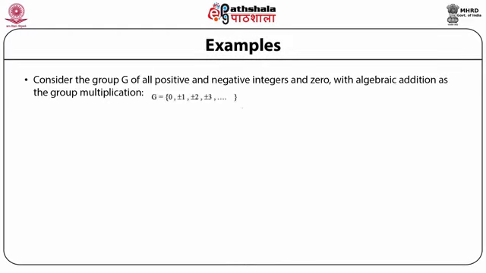Consider the group G of all positive and negative integers, including 0, with the binary operation as algebraic addition, which we consider the group multiplication.